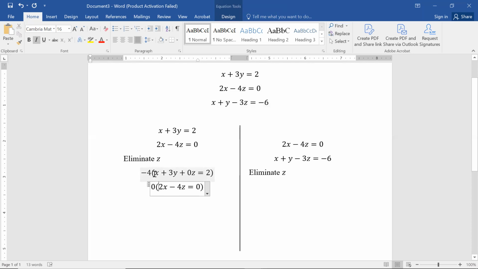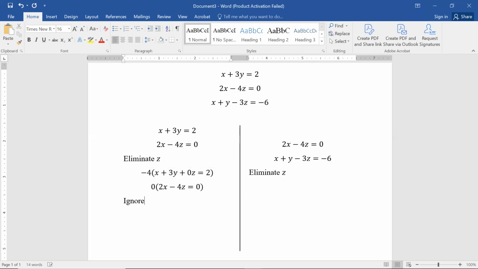So if I want to eliminate z, I can just ignore equation 2 because in equation 1, the z is already gone.